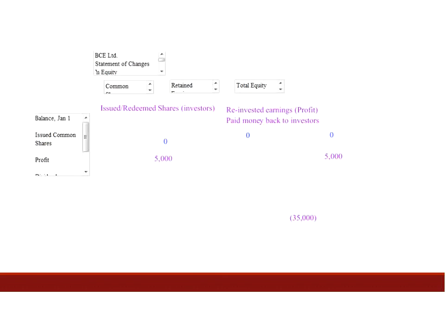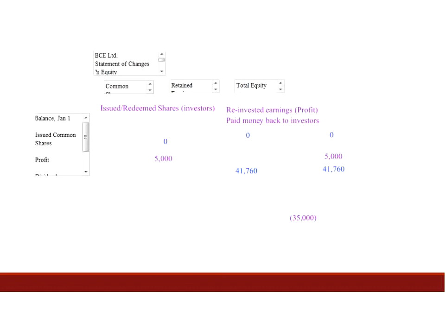Again, we have our profit. So our profit came from our income statement, and we said that was $41,760. And so that gets added to our total equity. And then dividends.